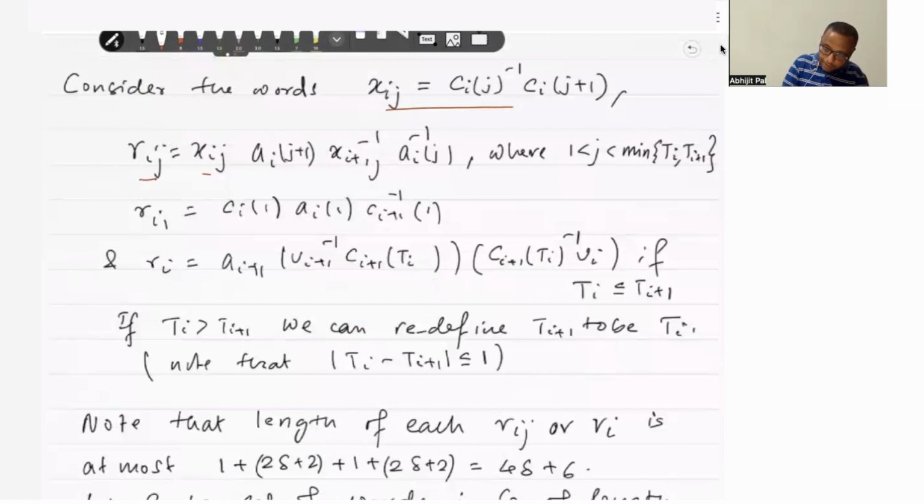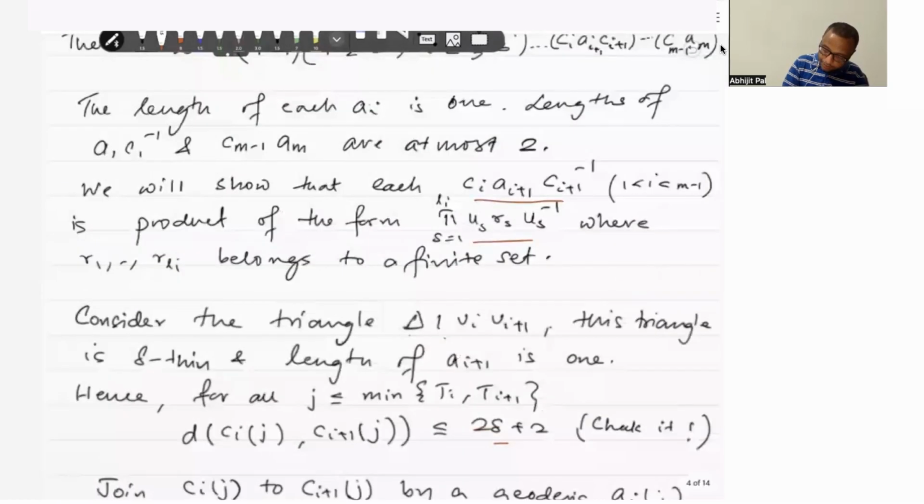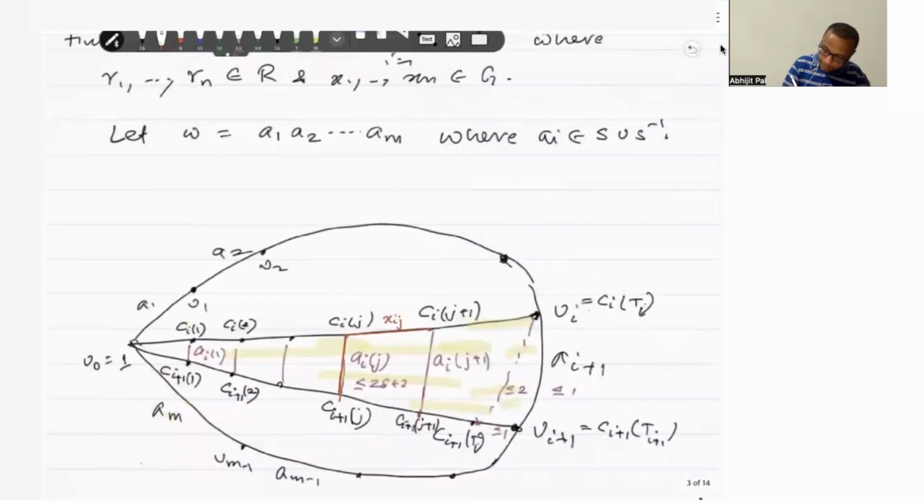So Rij is the following. You start from here. So first travel Xij, then Aij plus 1. Then follow this geodesic, and at last follow this Aij.